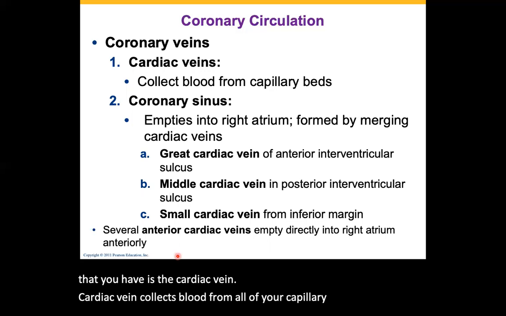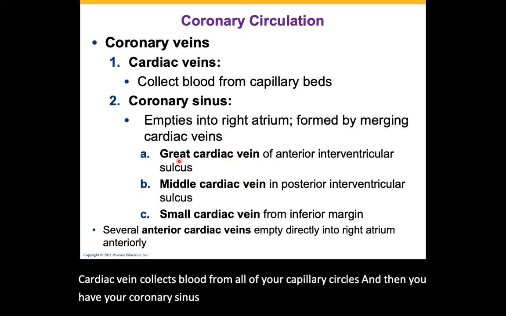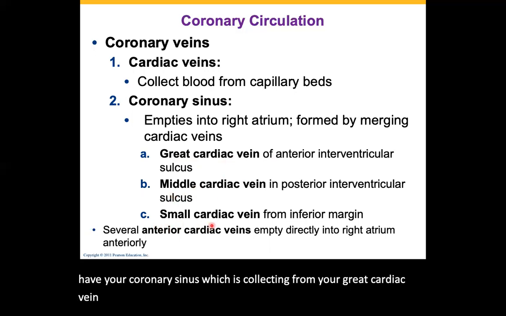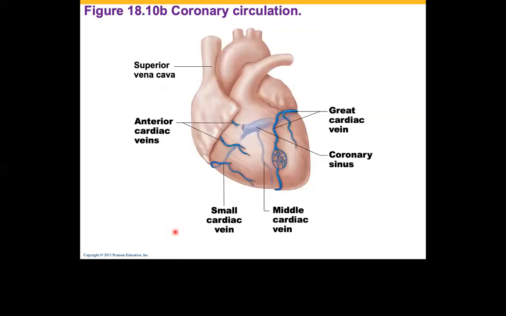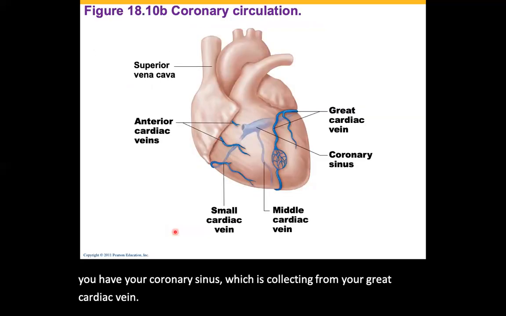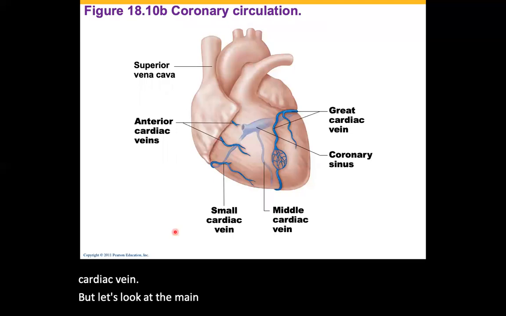And then you have your coronary sinus, which collects from the great cardiac vein, middle cardiac vein, and small cardiac vein. And then you have several anterior cardiac veins that empty directly into the right atrium on the anterior surface. These individually change from one person to another, so we're not going to look at them in detail. But let's look at the main ones that we have described.